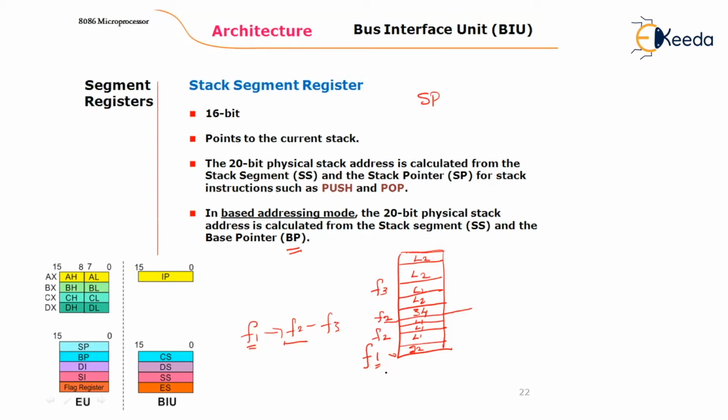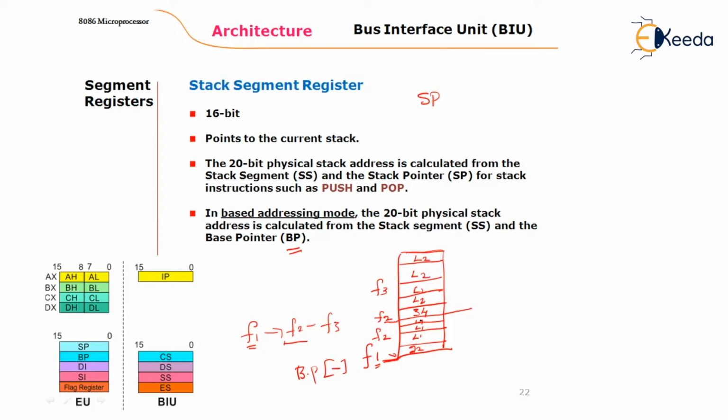Now the base pointer is going to hold the base of each function. Whenever a function call has been made, the base pointer is going to hold the address from which the call has been made, this 22, which is the return address of the previous function.